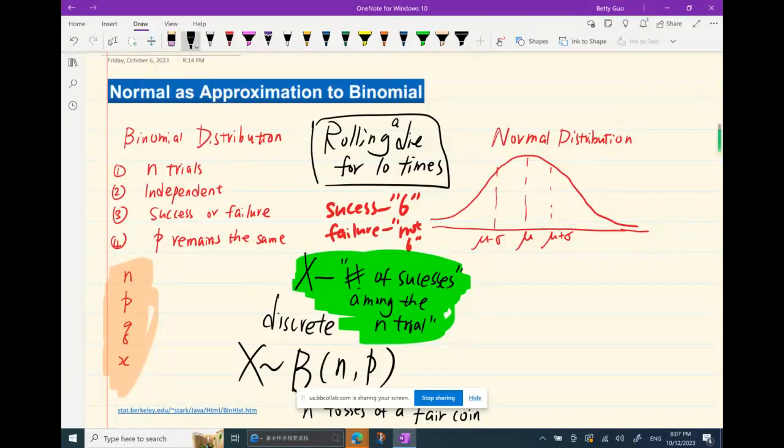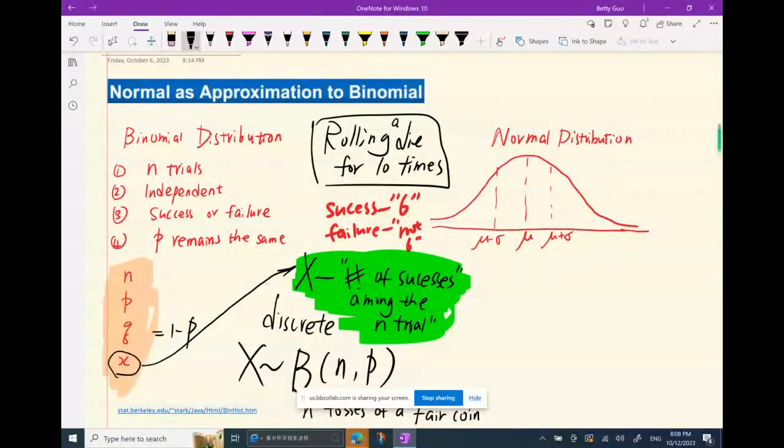It remains the same for all trials. q here is the probability of failure, so it is the complement probability of success. So q equals 1 minus p. And x here, the little x, is the number of successes among the n trials.